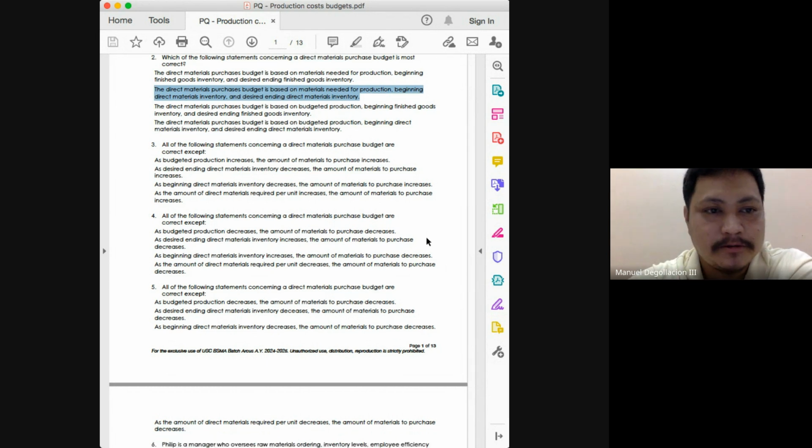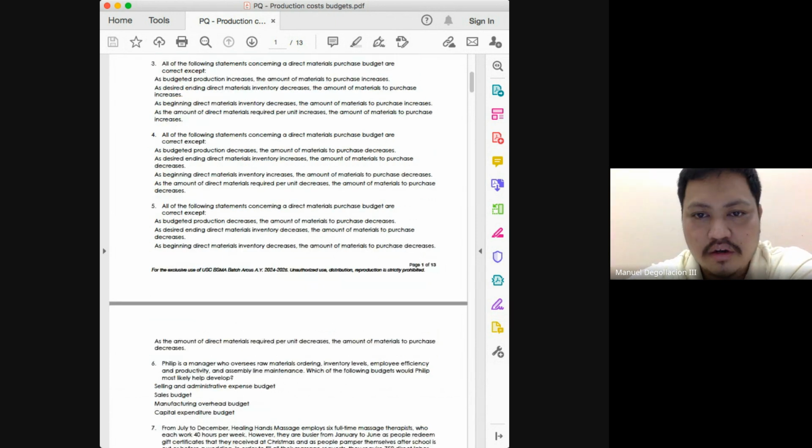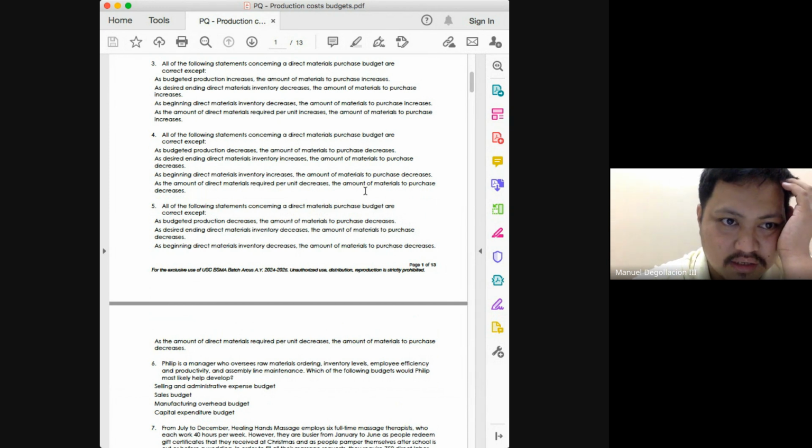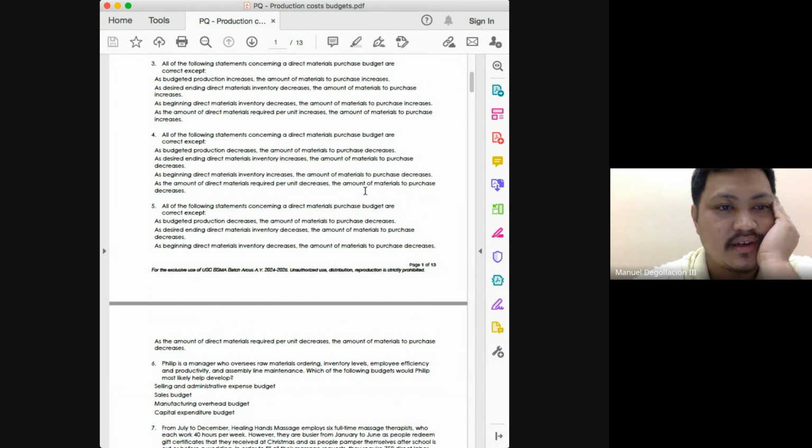Number 4, all of the following statements concerning a direct materials purchase budgets are correct, except again, we're looking for the false statement. Okay, first statement, as budgeted production decreases, the amount of materials to purchase decreases. That's correct. As desired ending materials inventory increases, the amount of materials to purchase decreases.